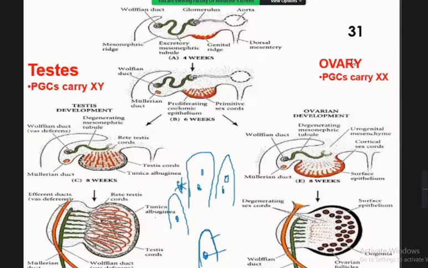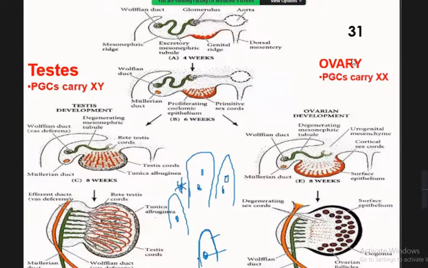And these cells are going to be influenced by the secretion of the TDF factor to start having their own secretions, and it is those secretions that drive the formation of the testis.